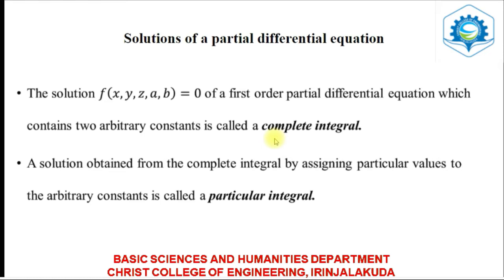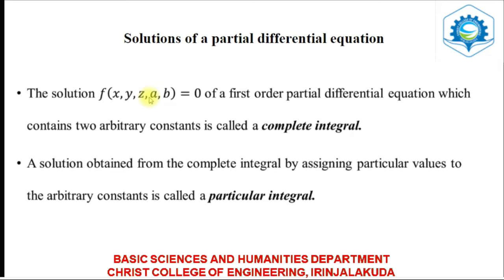Here a and b are arbitrary constants, meaning we are free to give any value to them. If you assign particular values to those arbitrary constants, the integral becomes a particular one, called a particular integral. So these are the ideas of complete integral and particular integral.